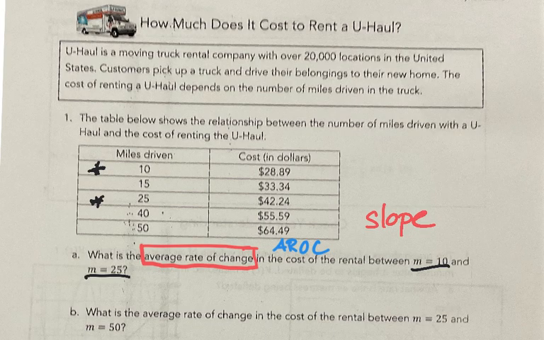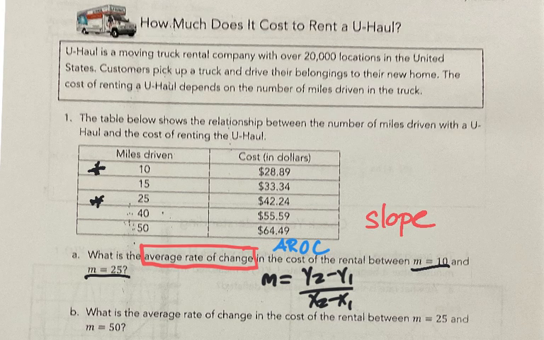So close. Y2 minus Y1 over X2 minus X1. Because it's change in Y over change in X. The rise over the run. Right? So you need your Y's on top, X's on bottom. Very important, slope formula.